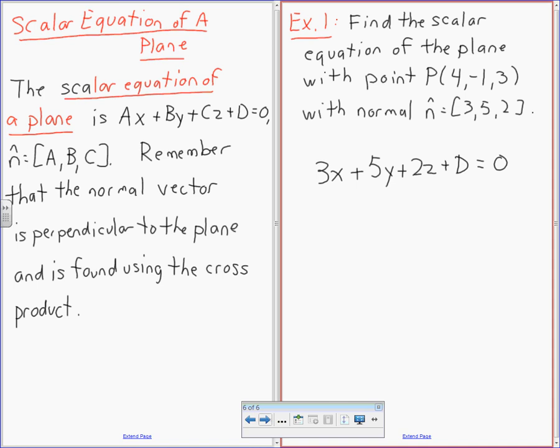Does someone want to be brave and hazard a guess on how I might find what the d value happens to be? Amy, go ahead. Very good. So we're going to sub x equals 4, y equals -1, z equals 3.